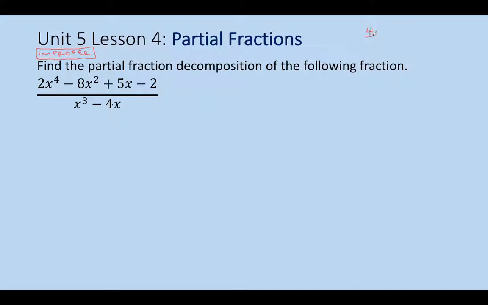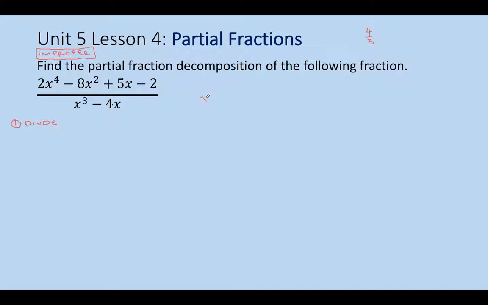Just like if you had something like 4/3, this would be an improper fraction. So step number 1 is to divide. This step is only for improper fractions, because we can divide something out.